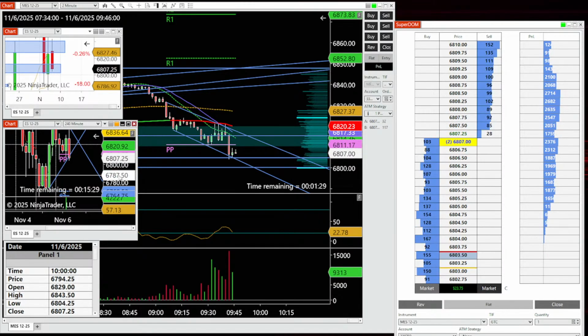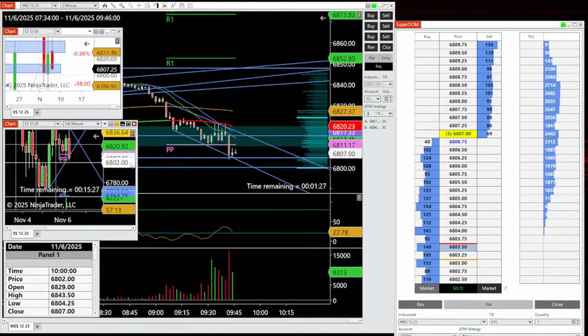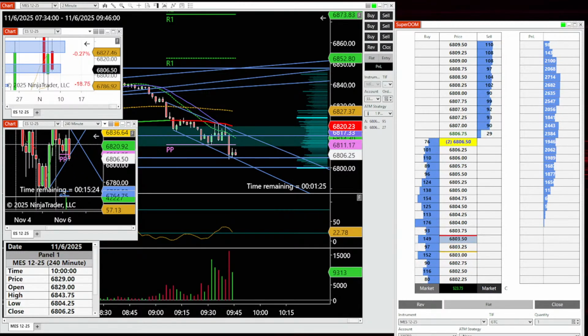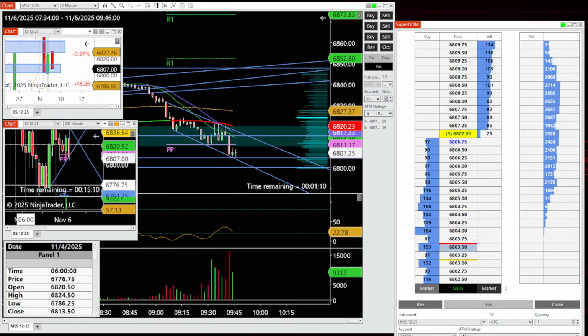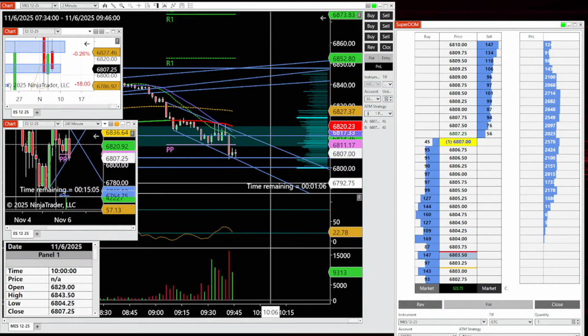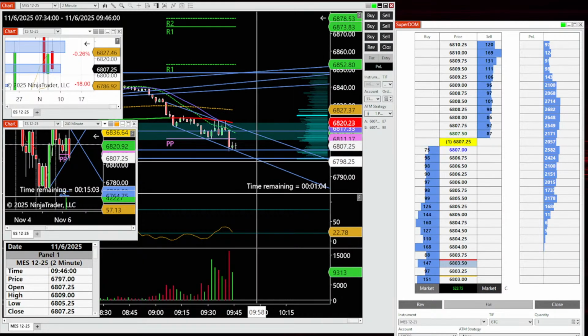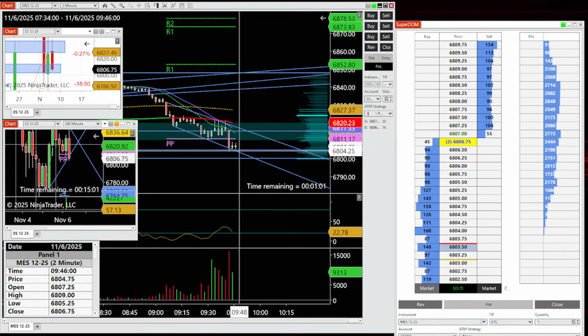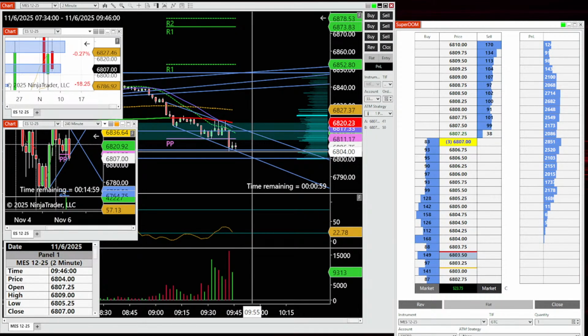Not too much to look forward to, based on risk reward. This is as low as 90s, 86. Okay, get a little consolidation around this trend line.